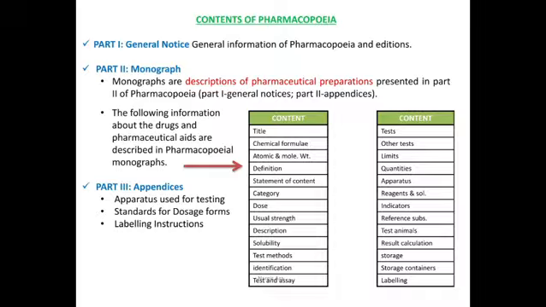Monographs are descriptions of pharmaceutical preparations presented in part 2 of the pharmacopoeia. The following information about the drugs and pharmaceutical aids is described in pharmacopoeial monographs. And next, part 3, appendices. In appendices, we are going to study the apparatus used for testing, standards for dosage forms, and also the labeling instructions.